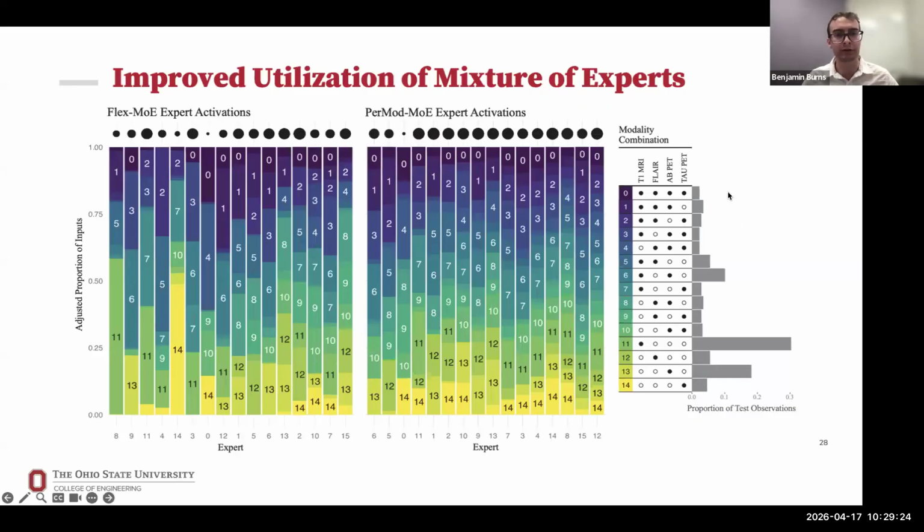So some of the observations to pull out of this diagram: there's a lot going on. First of all, I'll highlight that our method appears to have more balanced activation of the experts in the mixture of experts layer, whereas in FlexMOE there's more variance in the size of the dots. In our method, the dot size is more consistent and usually quite large.